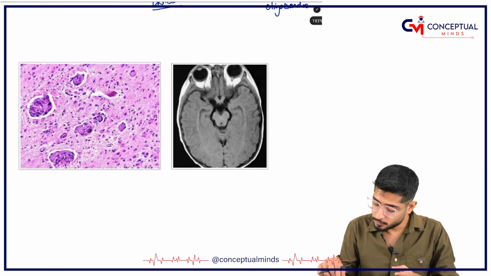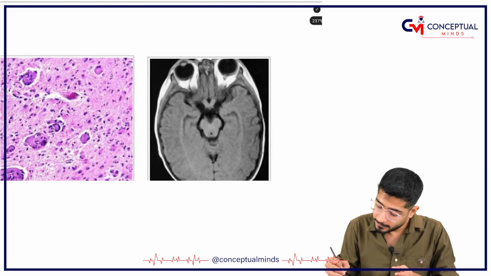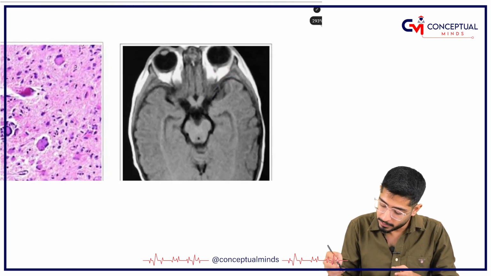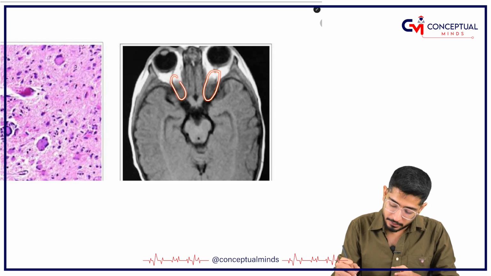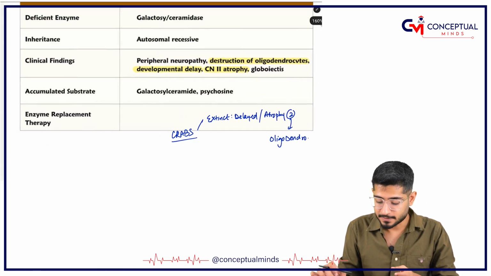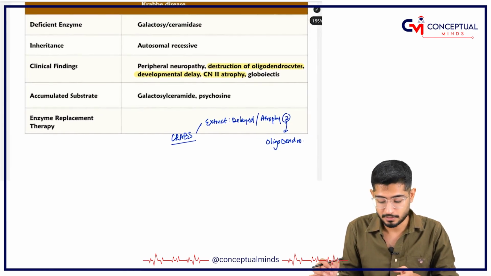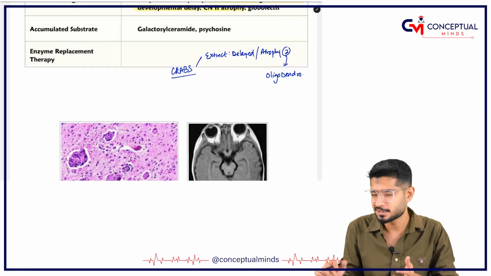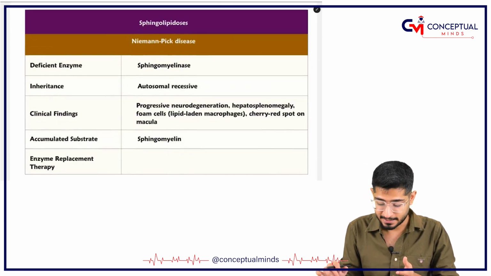Can you see, okay, I'll zoom in a little bit further. There is no second optic nerve which is shown properly. So that's why it is important to understand that optic nerve number 2 is involved in Krabbe's disease, just like crabs are extinct.